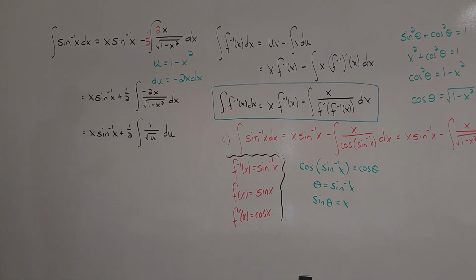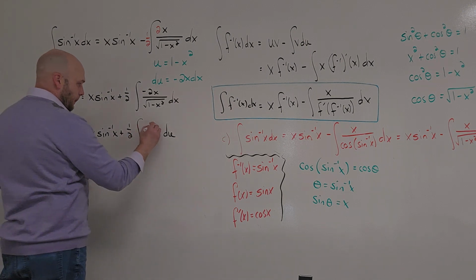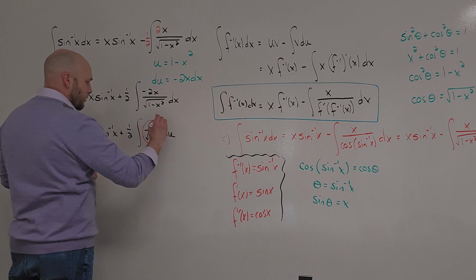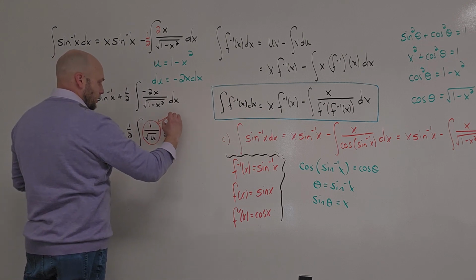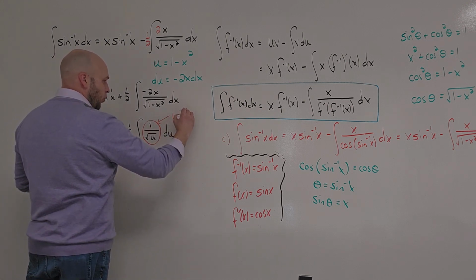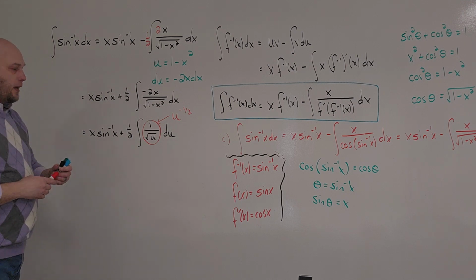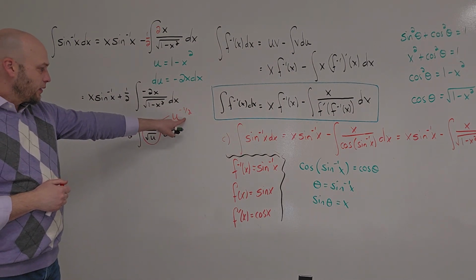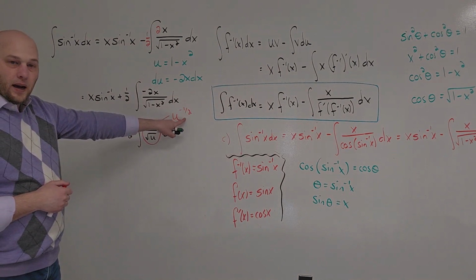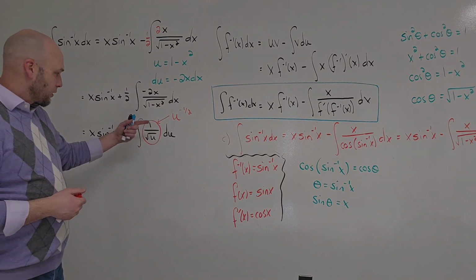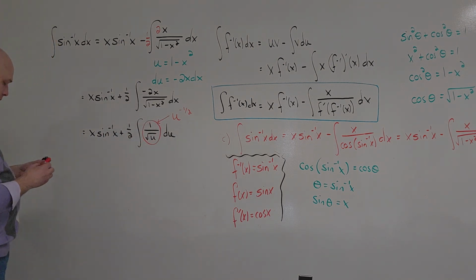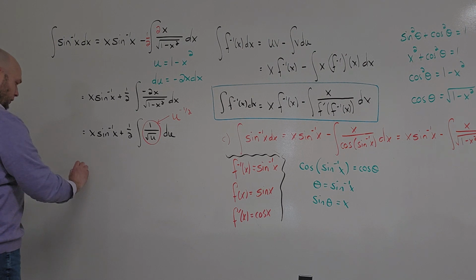And of course, 1 over the square root of u is the same thing as u to the negative 1/2. It's easier to see the antiderivative if I use an exponent rather than a radical, especially a radical in the denominator. All right, almost done.